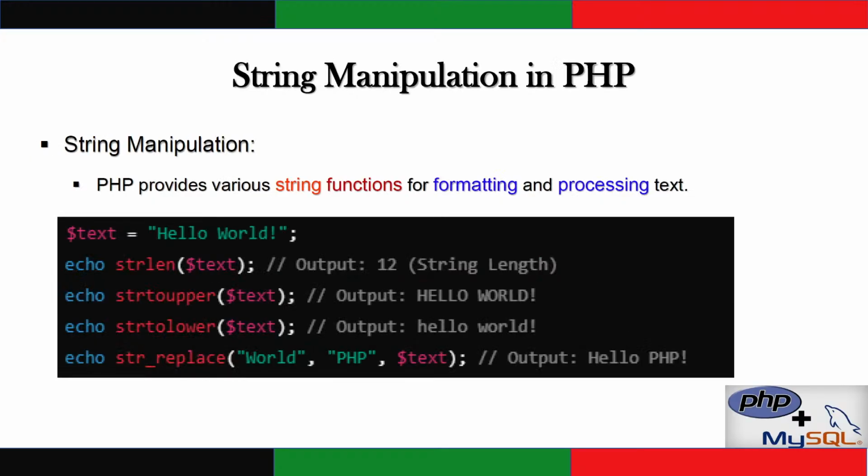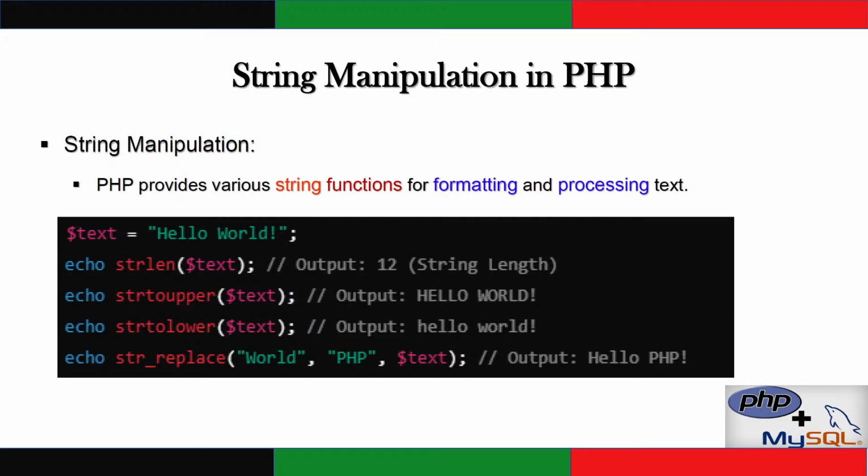Okay, then string manipulation is basically you playing around with a string, which is basically just a combination of letters of the alphabet. Any value which is a combination of letters of the alphabet is what we call a string, and you can play around with it using the string functions. The most common ones are string length, which gives you the total number of characters in that string; string to upper, which gives you the uppercase version; and string to lower, which gives you the lowercase version.